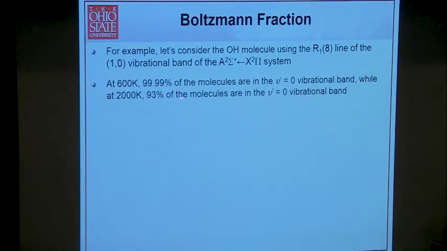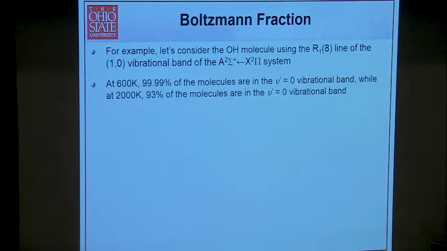So if we go into that calculation and plug in these numbers, let's take a couple of representative temperatures. At 600 K, 99.99% lie in the V prime equals 0 band. What you would do is plug in whatever vibrational state you want to look at. You set V equal to 0 and see what fraction comes out, then set V equals 1 and see what fraction comes out.